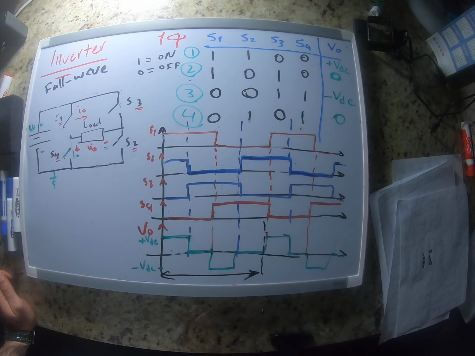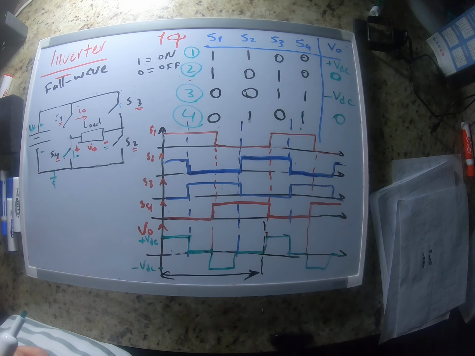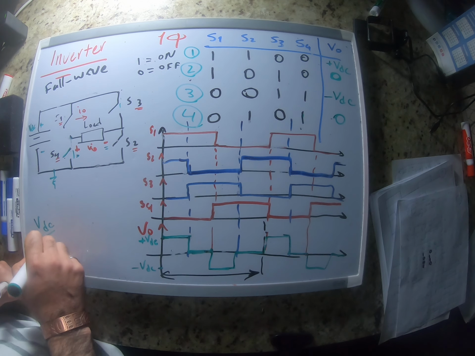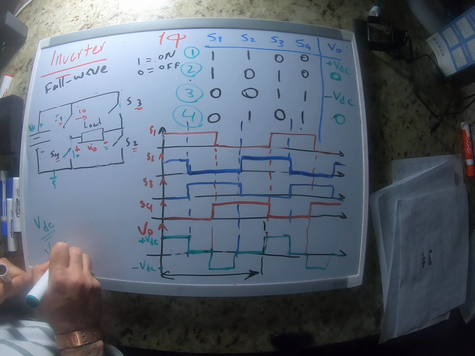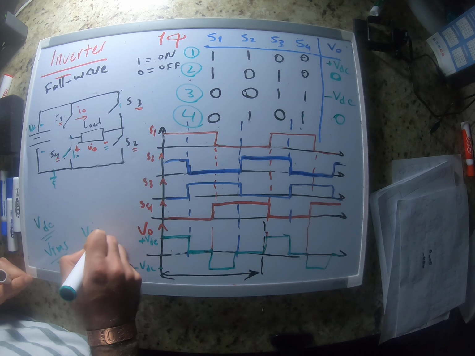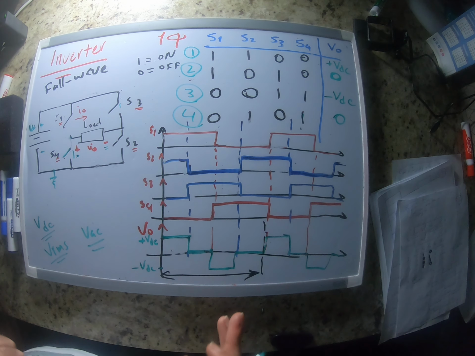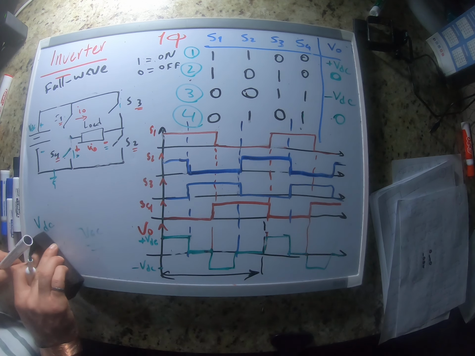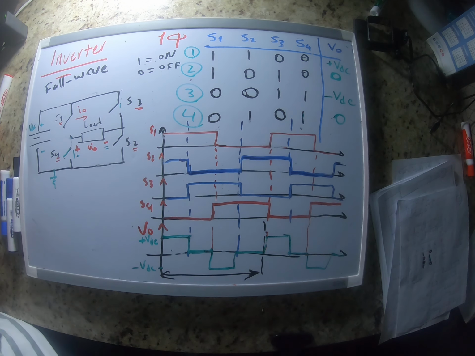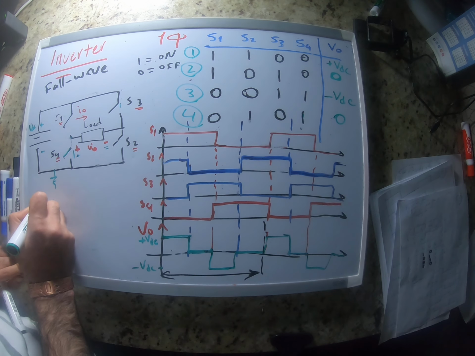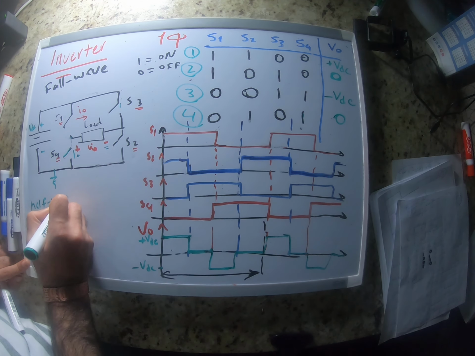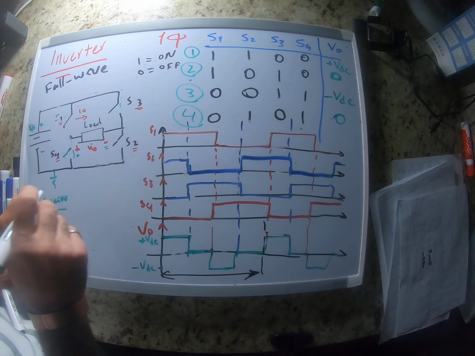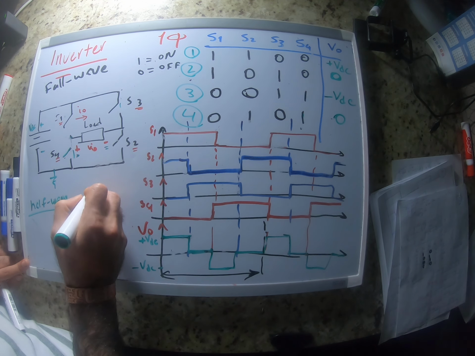Try to calculate its DC value, its RMS value, and the AC value, and see what's the difference between a half-wave inverter and a full-wave inverter. I'm sorry, I keep saying rectifier. This is an inverter.